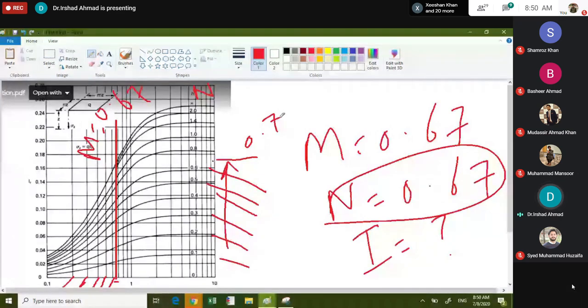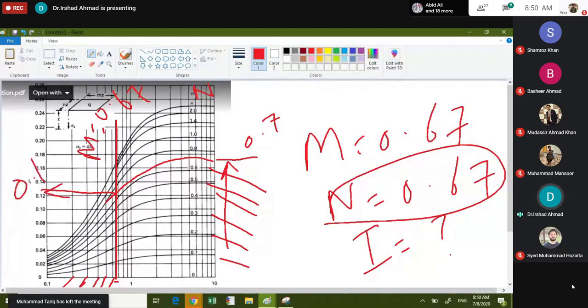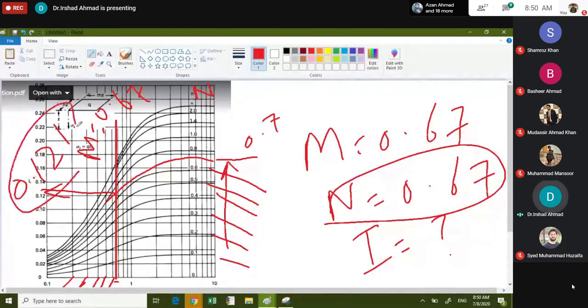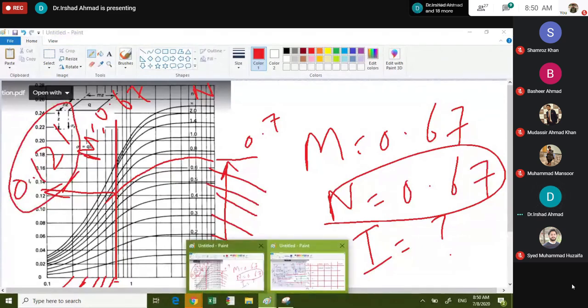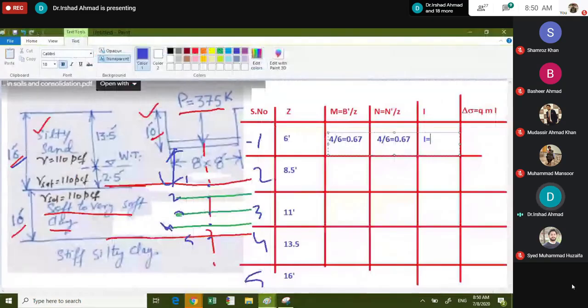If you come down like this, somewhere here, you see, I is 0.121. Right?